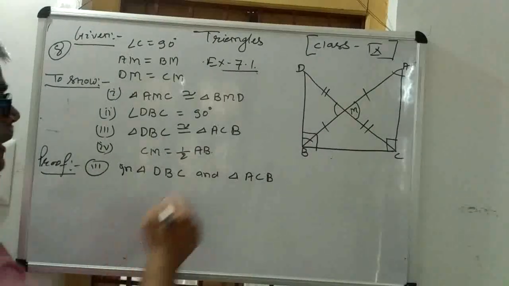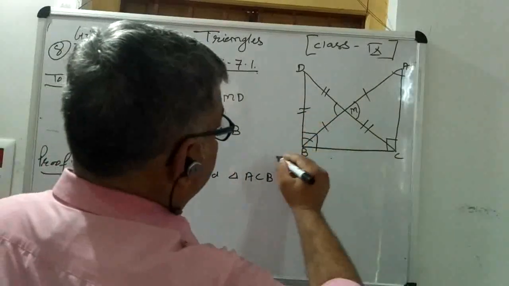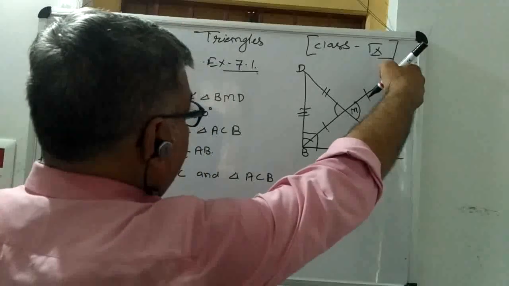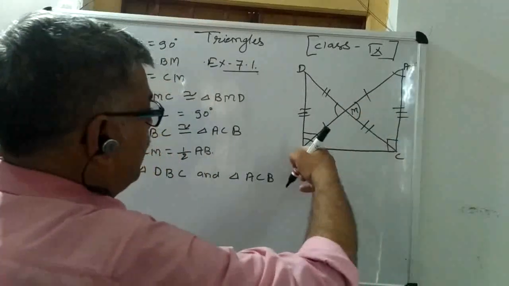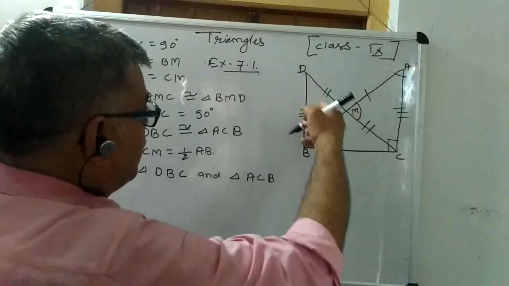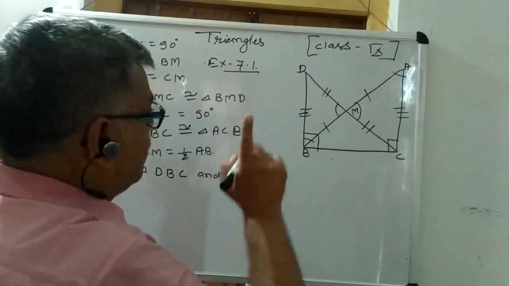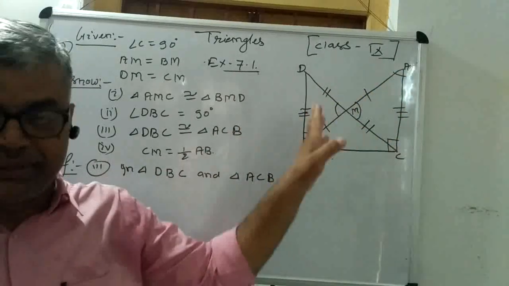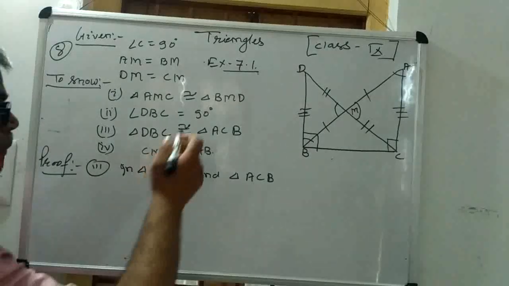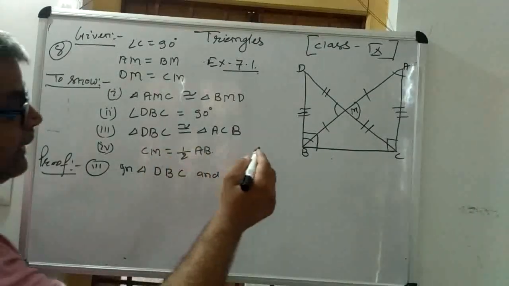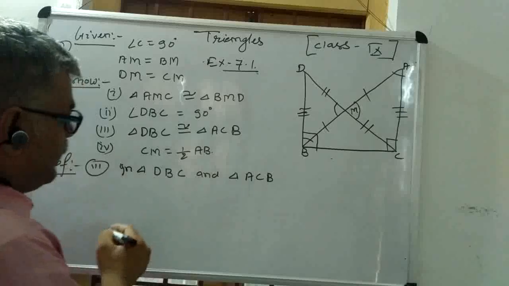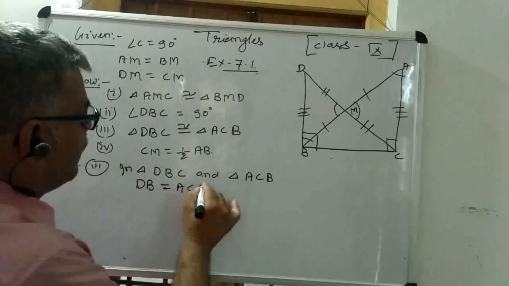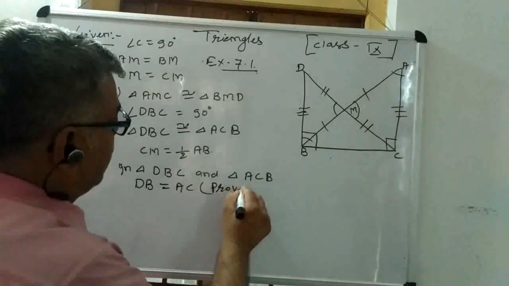First, from the first part of the congruency, when we proved that triangle AMC is congruent to triangle BMD, we can conclude that DB equals AC by CPCT. So in triangle DBC and triangle ACB, we have DB equals AC, which we proved earlier.